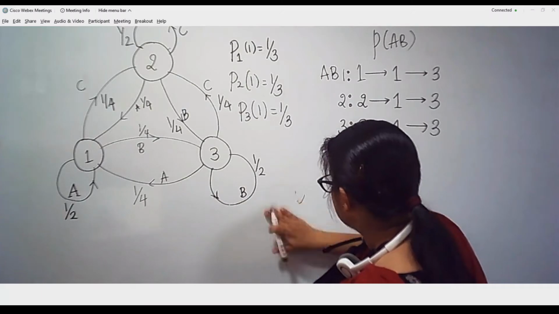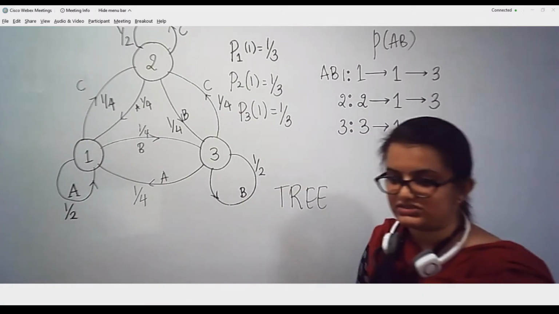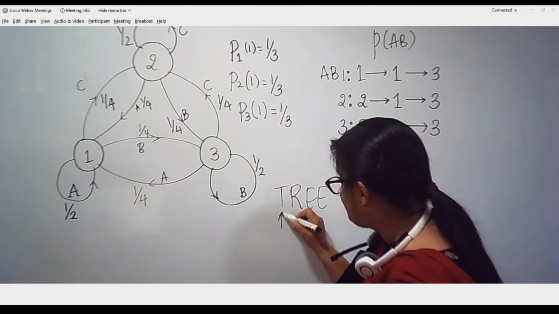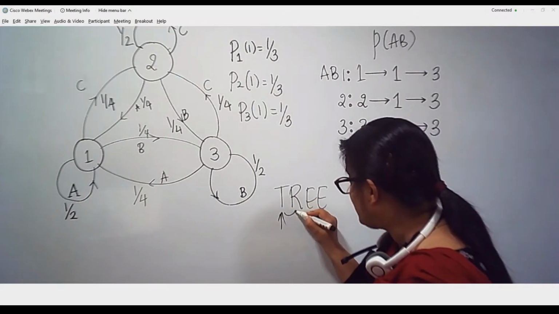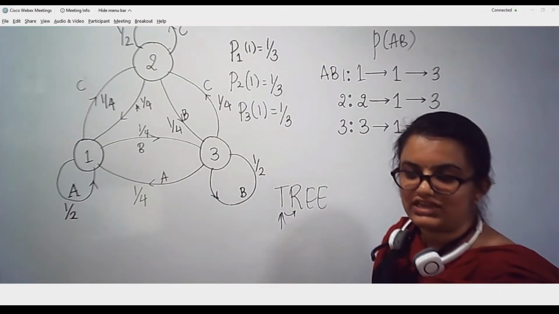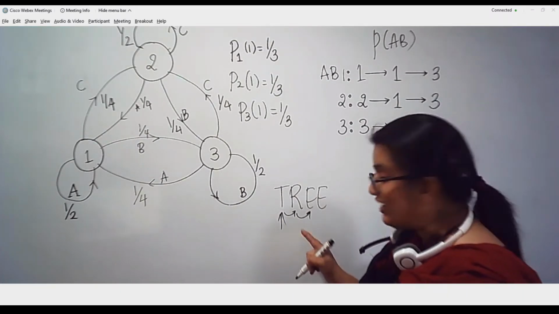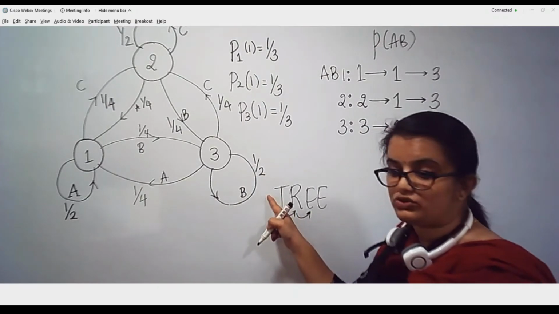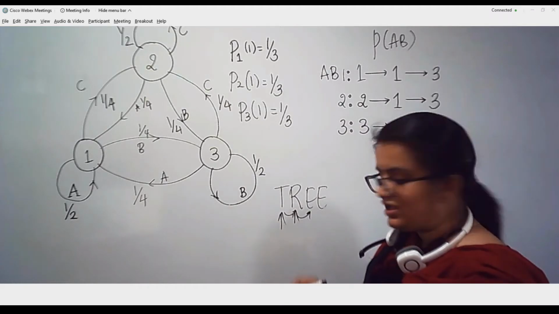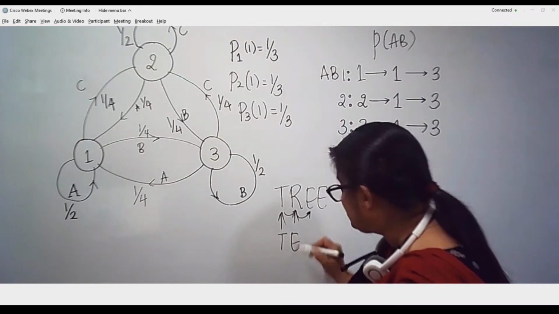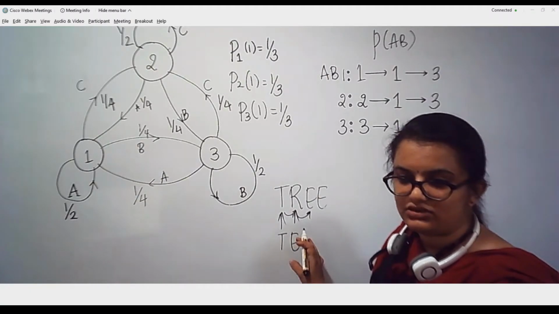Take the example of tree itself. I will first find out how to get T. Then from T, I find a way to get R. Then once I found R, I will find a way to E. While finding the way to E, I should not go back to T and find E. That is wrong because I am currently already present at R. If I go back to T and find E, it will be TE. It will not be TR. I hope you are understanding this. Did you get this?